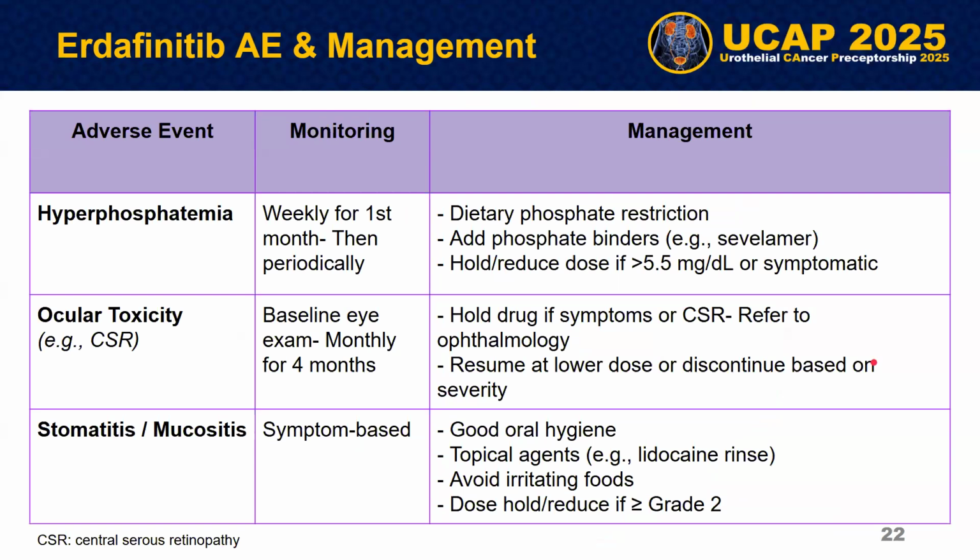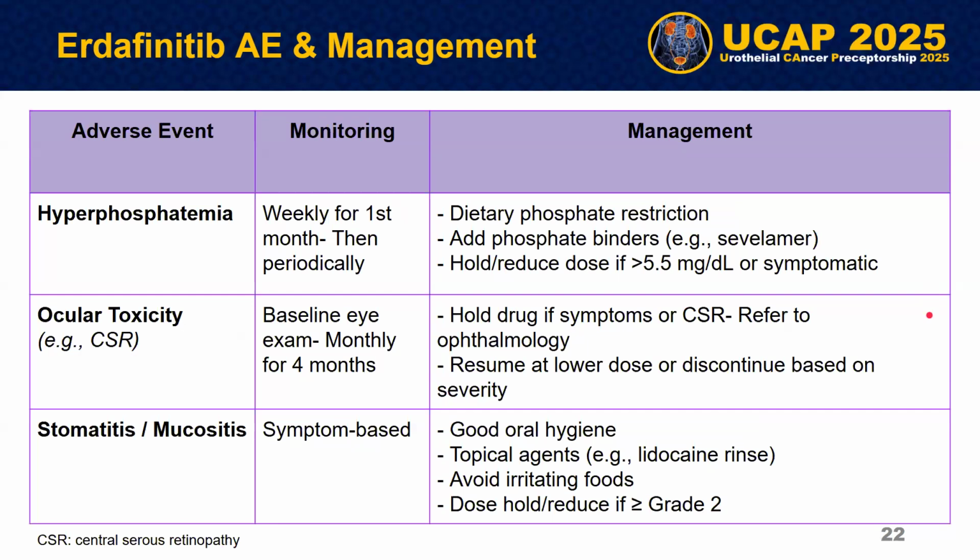As for hyperphosphatemia, baseline bloods are important, and monitoring should be done on a weekly basis for the first month. The management includes dietary phosphate restriction, sometimes adding phosphate binders, and you would probably need to hold or reduce the dose if phosphate levels are more than 5.5 or when the patient is symptomatic.